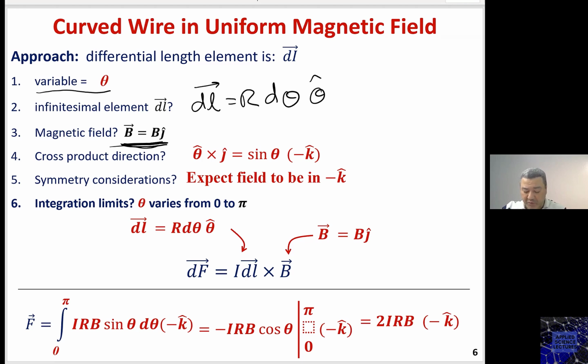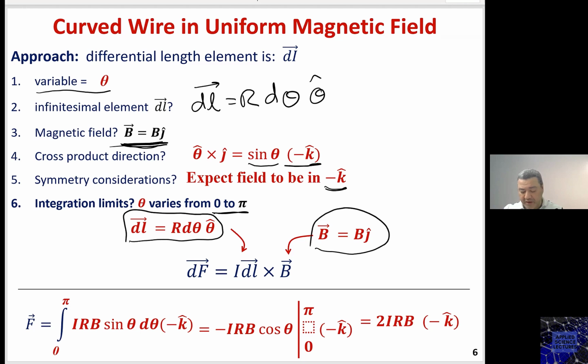And we now know what theta hat cross j hat means. It is sine theta and going in the negative z direction. By symmetry consideration, we expect the force to be again in the negative k hat. Integration limit, we're integrating theta from 0 to pi. So we have our differential element, the vector r d theta, theta hat, and we have our magnetic field in the y direction.